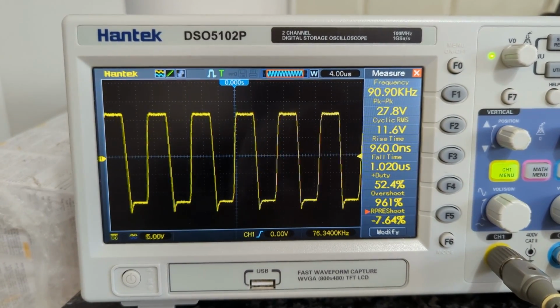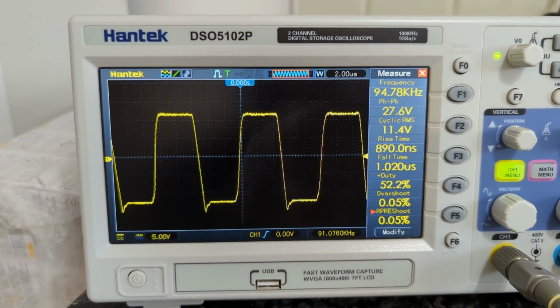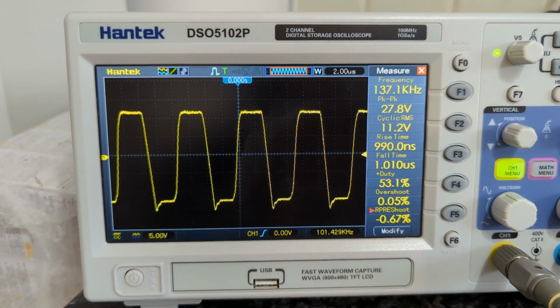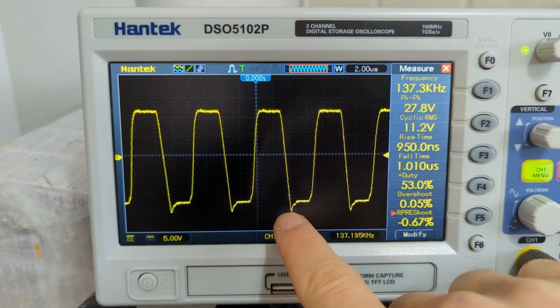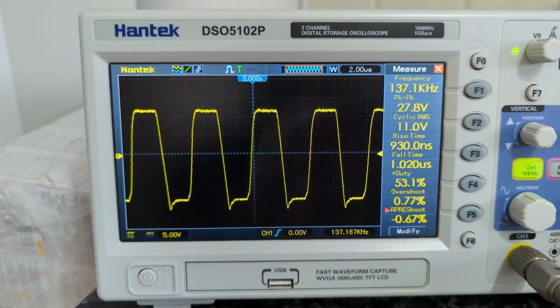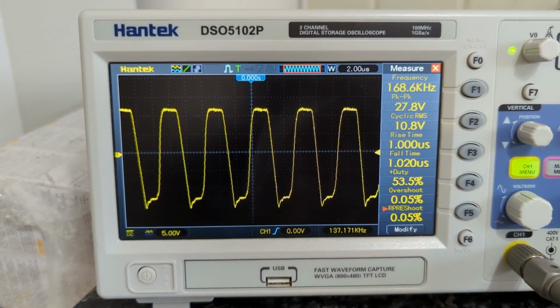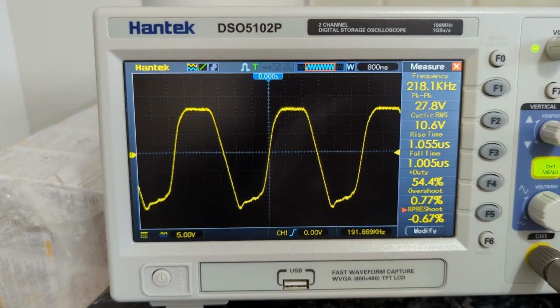And we can see that the square wave is still a square wave. It doesn't look like a sine or a triangle. We have something happening here, but this is 130 kilohertz, which is ridiculous. If we increase it more and zoom in a bit more, you can see that the wave starts to deform.